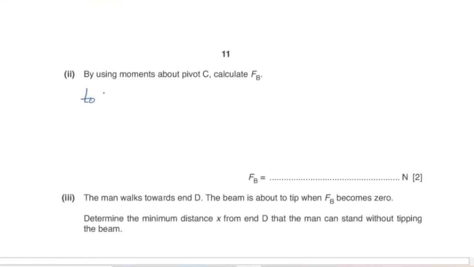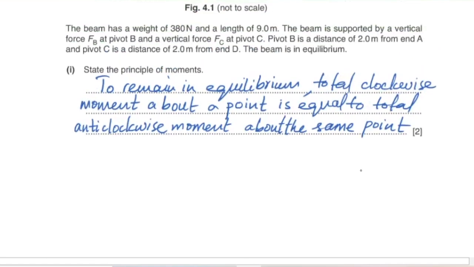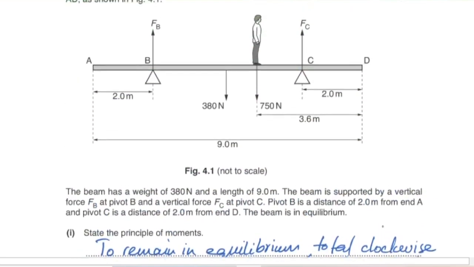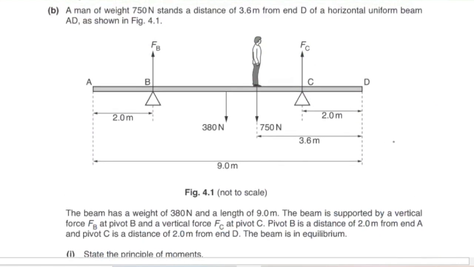So, total clockwise moment is equal to force times distance, and the force which is causing clockwise moment is force at point B, since it's going to move clockwise.